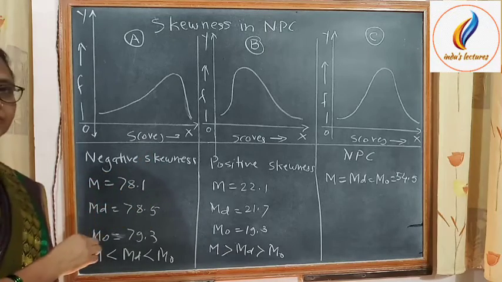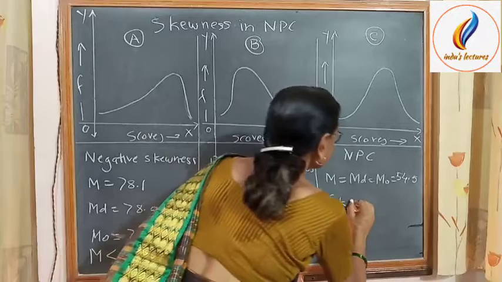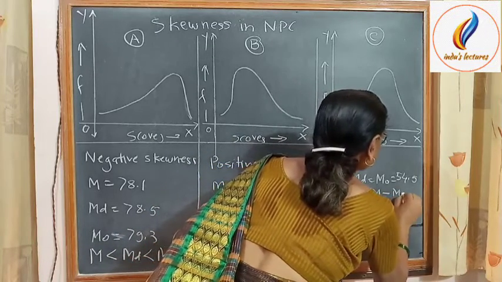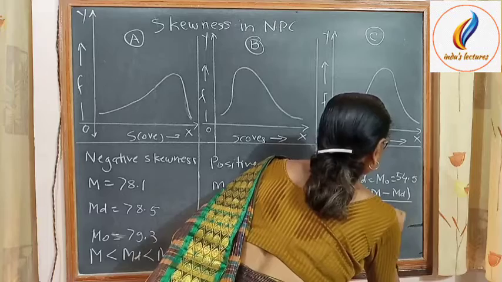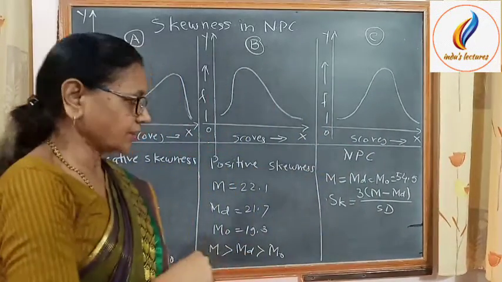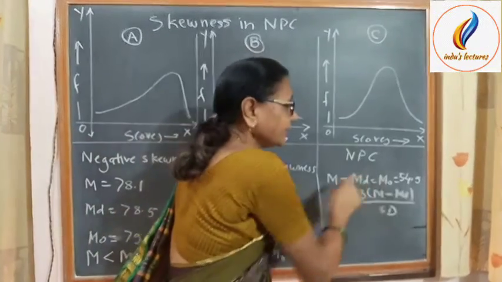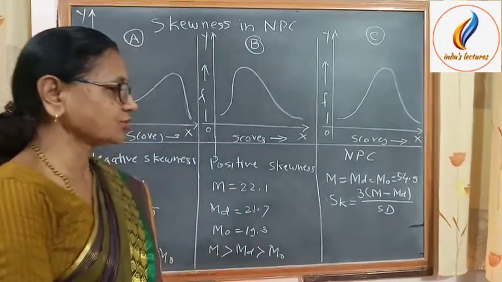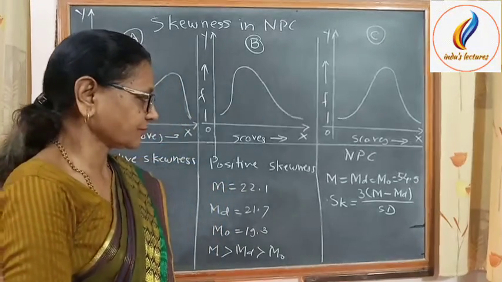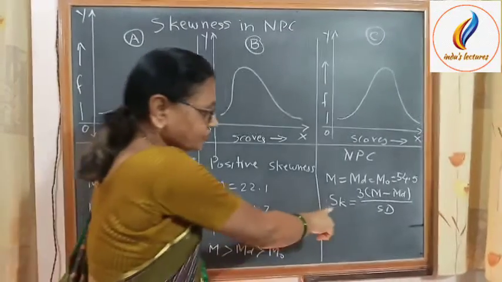We can measure the skewness of the curve by using the formula Sk is equal to 3 times (M minus Md) upon SD, where Sk means skewness of the curve, M means mean of the distribution, Md means median of the distribution, and SD means standard deviation of the respective distribution. We can find the skewness of the curve by using this formula.